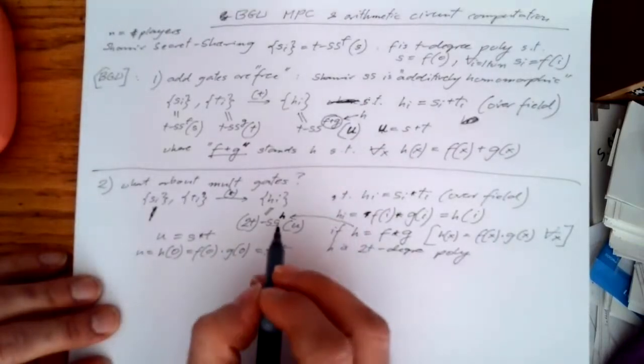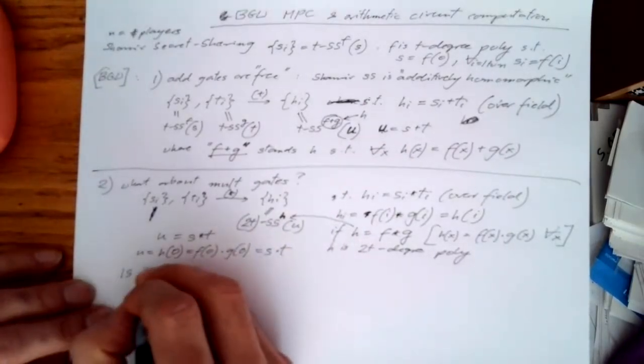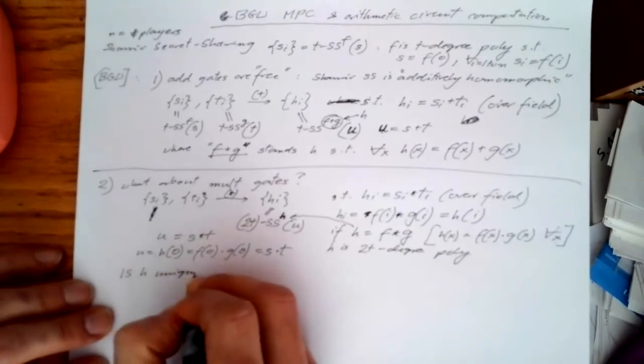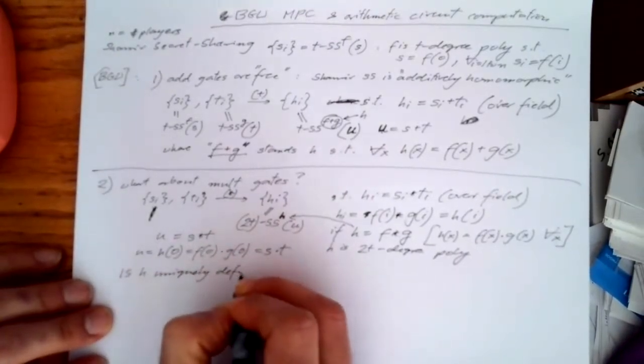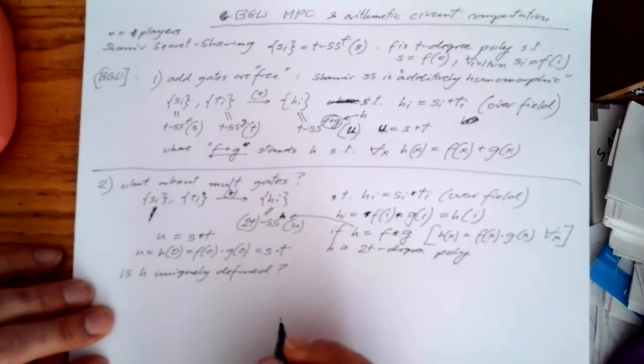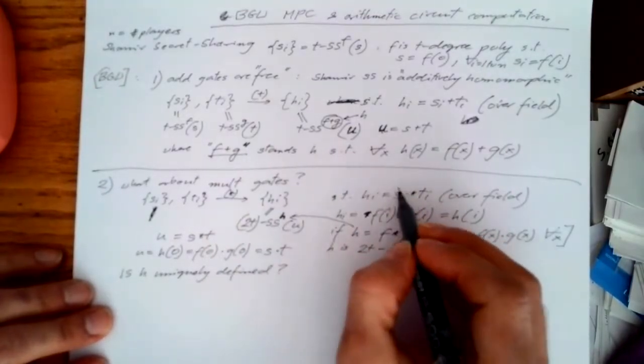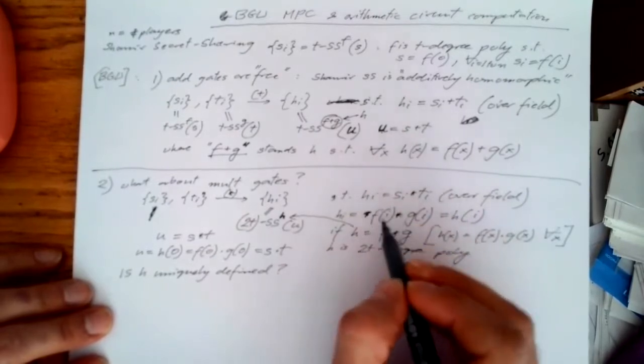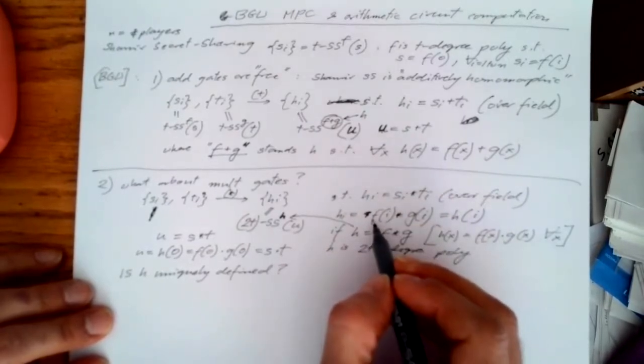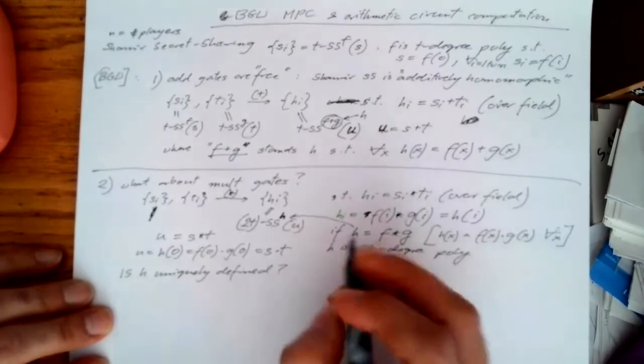Now, is h uniquely defined? Every player computed some share of h, a correct share of h. But how many shares do you need?